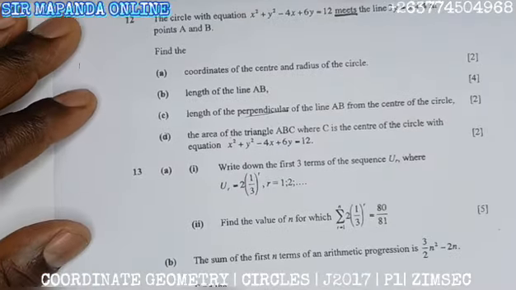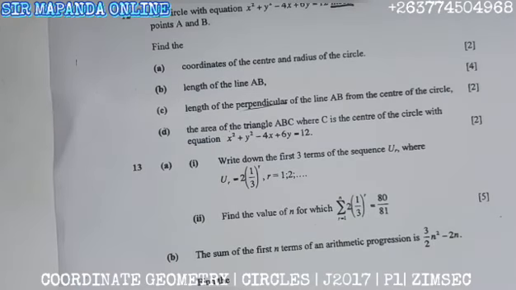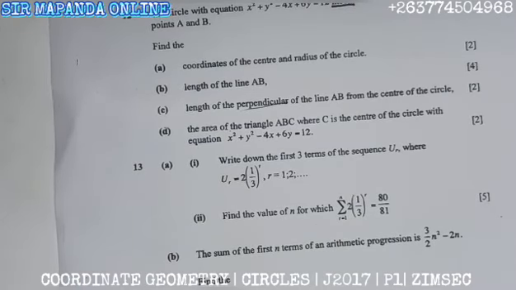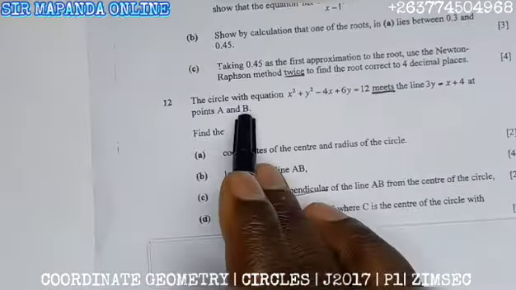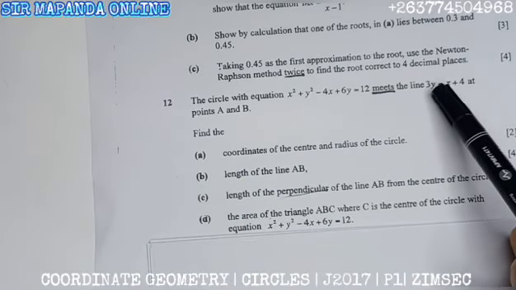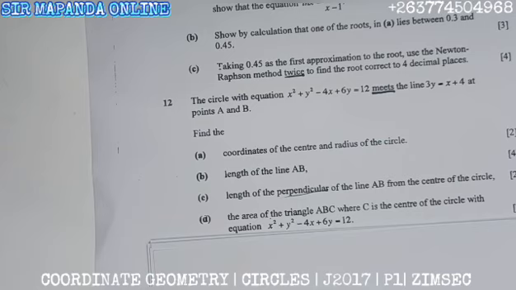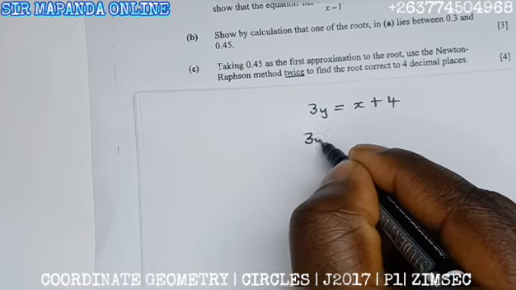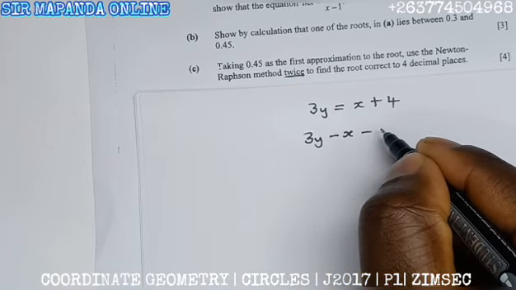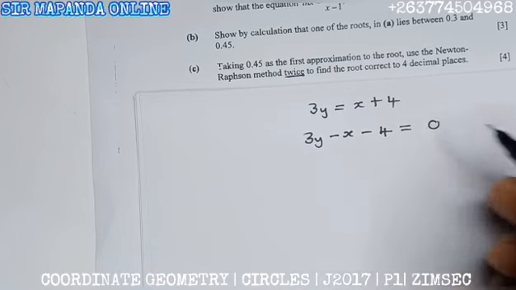Right, we move on to part C. It reads, find the length of the perpendicular of the line AB from the center of the circle. Since A and B lie on the line 3y equals x plus 4, you can move x plus 4 to the left, you get 3y minus x minus 4 equals 0.